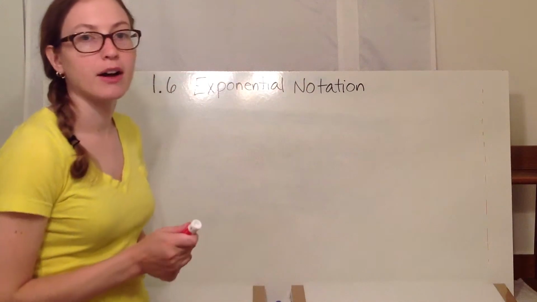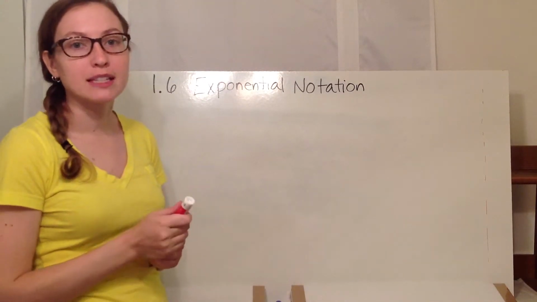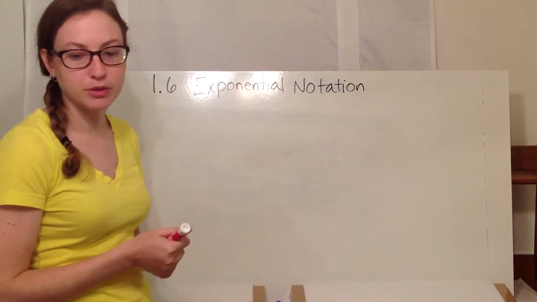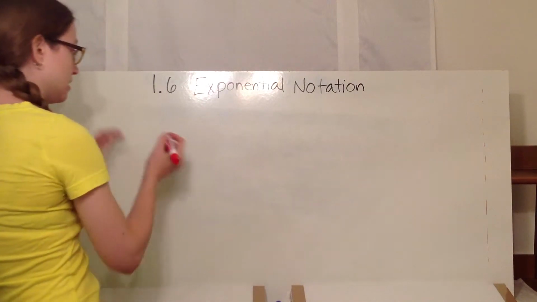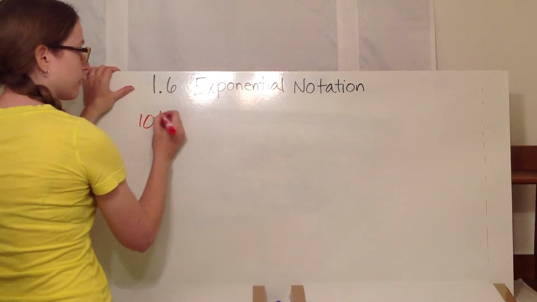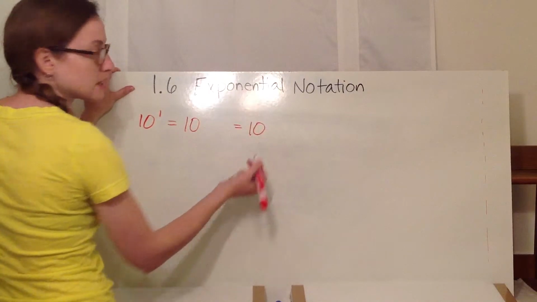My final note about exponentials is that if we have a power of 10, it makes things a lot easier for us when we're multiplying. The pattern goes like this: 10 to the 1st is 10.